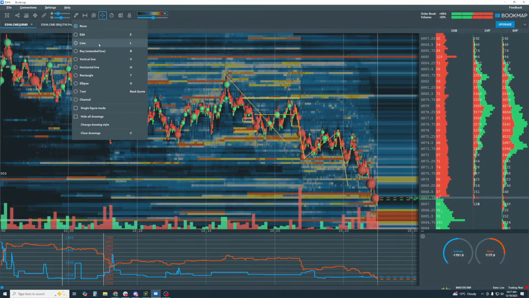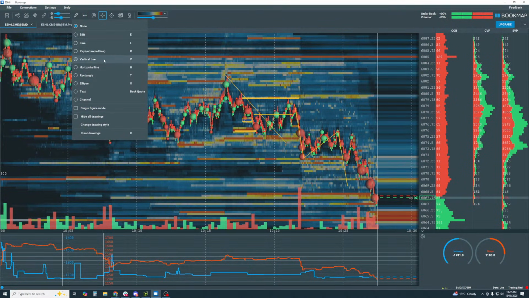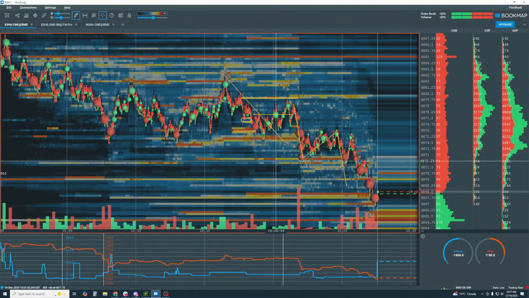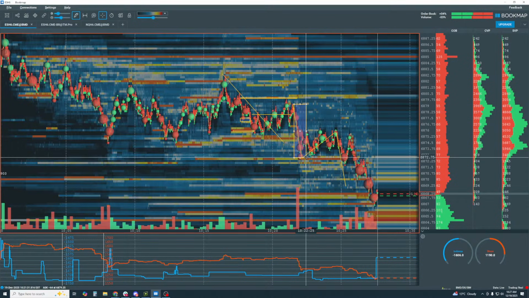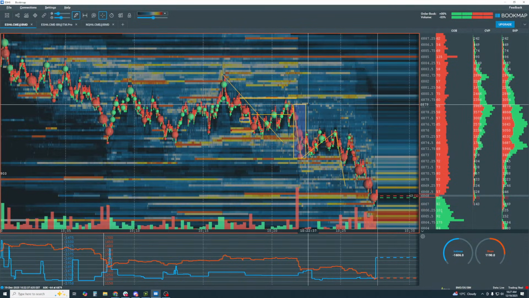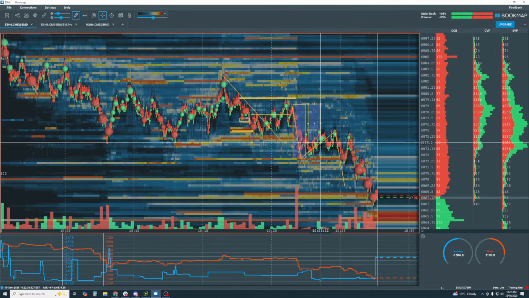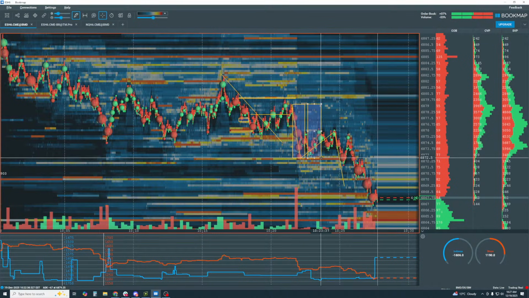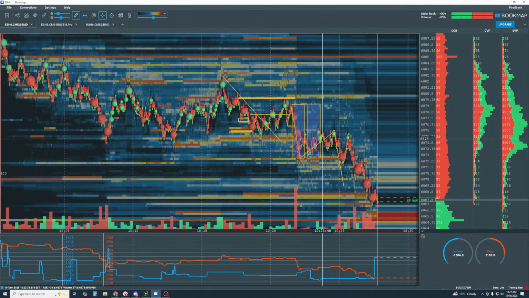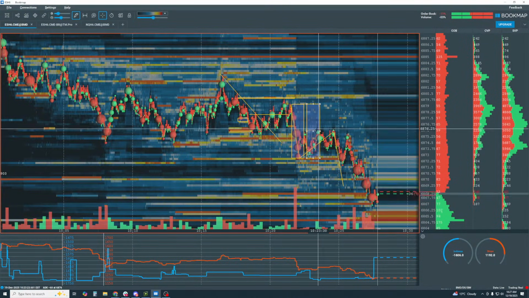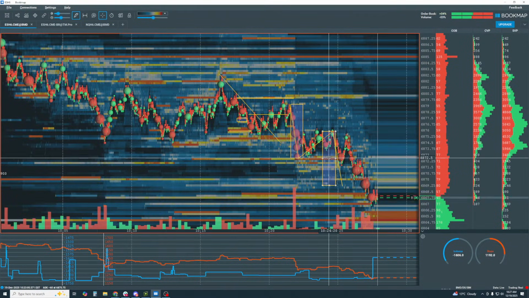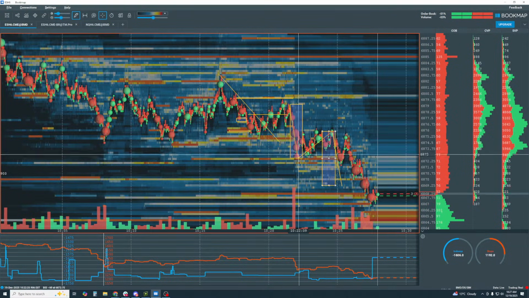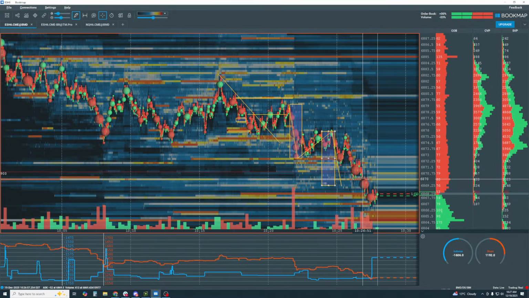So just use the drawing tools, okay? You can use a rectangle or a line, and then measure top to bottom, swing to swing here. And then duplicate. I like to duplicate it so you can really see it. I just do the same thing, and then I edit this and move it. Now, where am I going to move it? I'm looking for a pullback and then another impulse move.